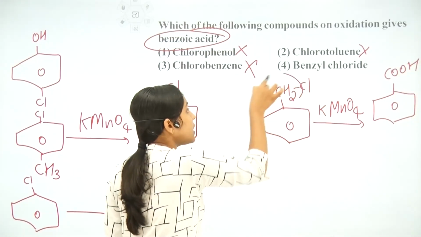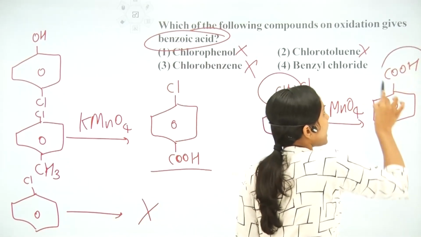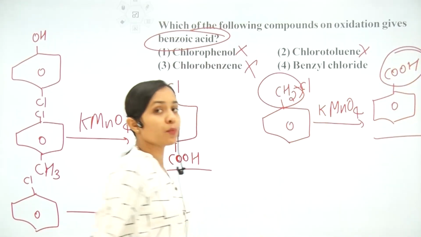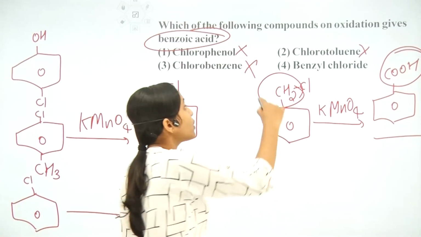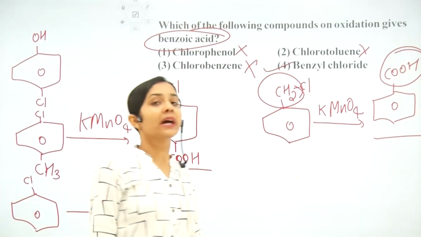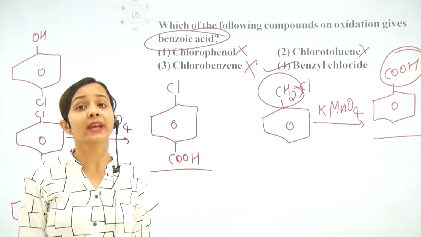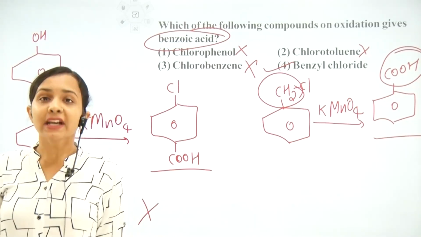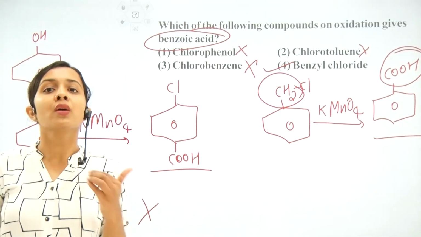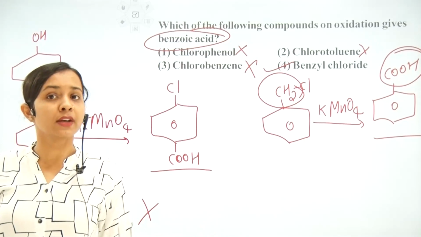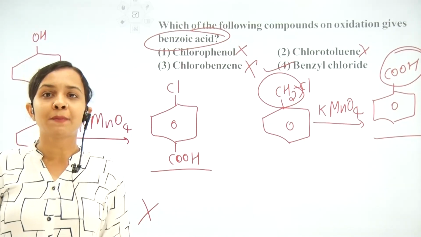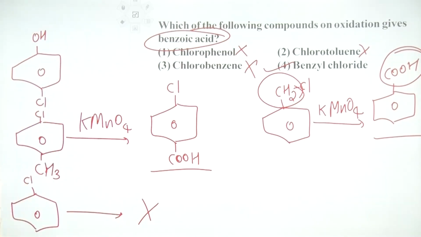This CH2 group will oxidize into the carboxylic group, and we will obtain benzoic acid as the major product of this reaction. So option 4 is the correct answer. Benzyl chloride on oxidation will give us benzoic acid as the major product. When it reacts with a strong oxidizing agent like K2Cr2O7 or KMnO4, then it will give us benzoic acid.